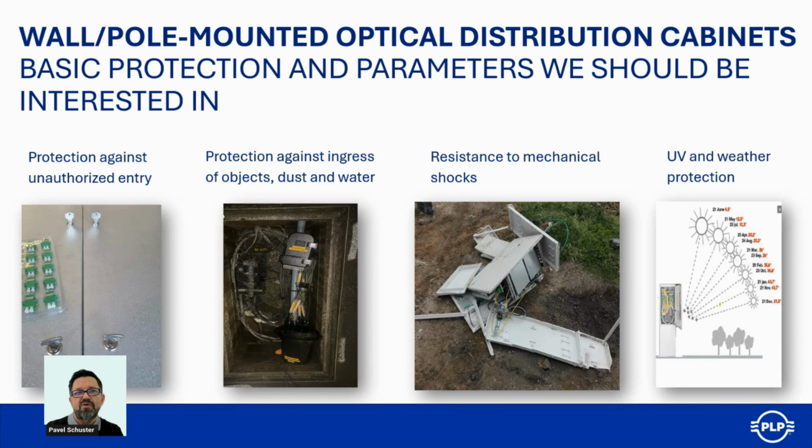Usually indoor we don't really care about the IP coverage, but when we place the distribution point outdoor, in that case we usually use IP54, in some rare cases 44, but usually it's 54 or 55 in Europe.